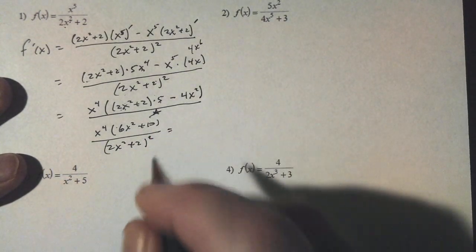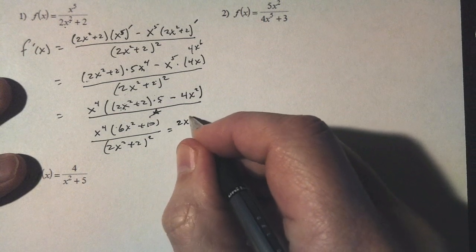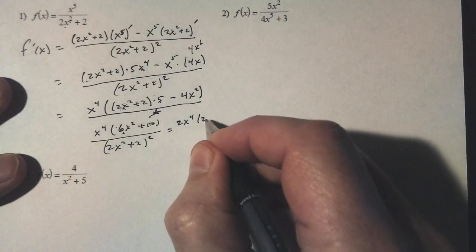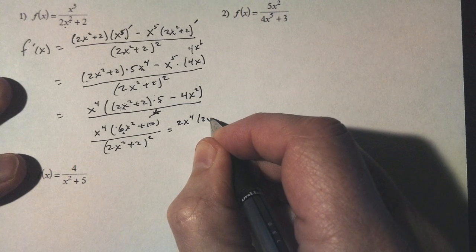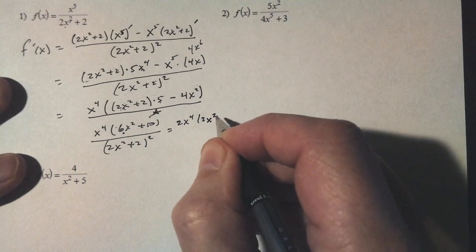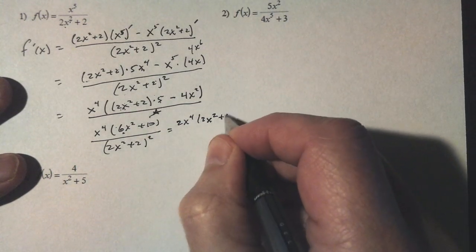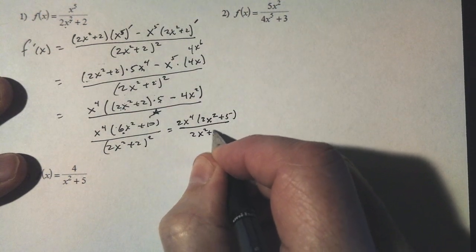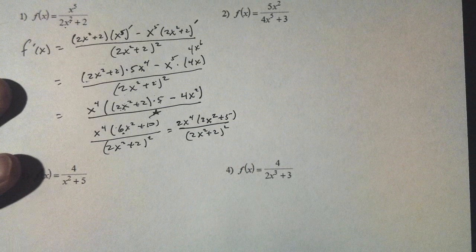Or 2x to the fourth, factoring a 2 out of this, 3x squared plus 5, all over 2x squared plus 2 squared.